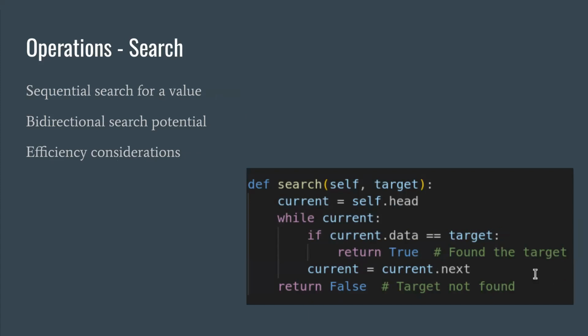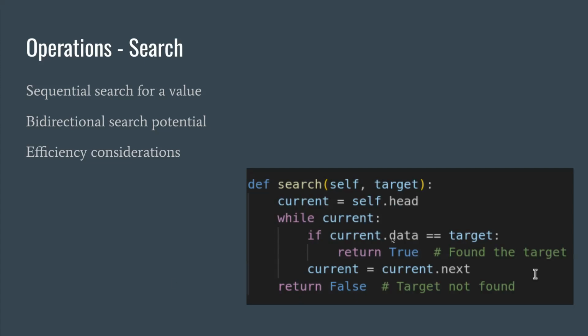Now search operations. So searching in a doubly linked list involves sequentially moving through the nodes until we find the desired data. While the process is similar to that in a singly linked list, the ability to move backwards can be advantageous in some scenarios, and this could really reduce the search time.